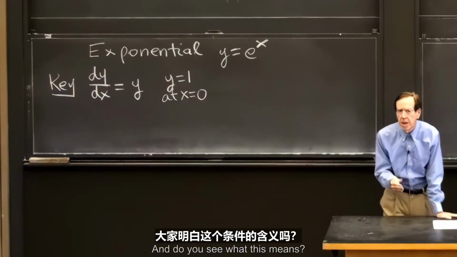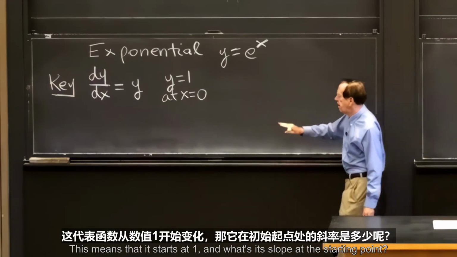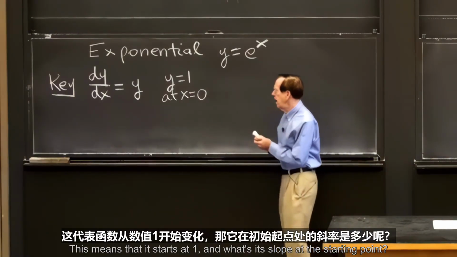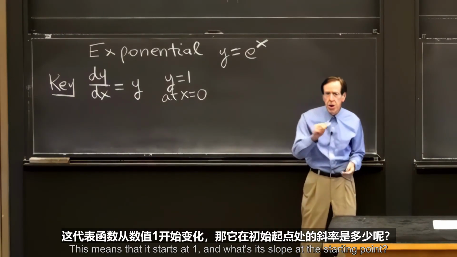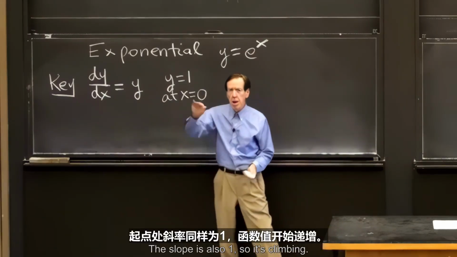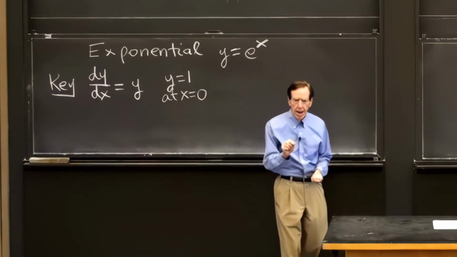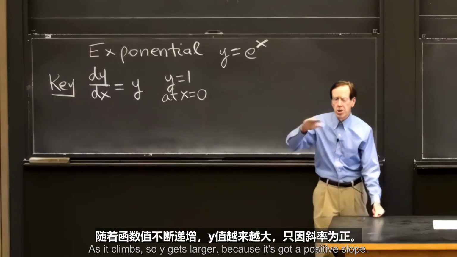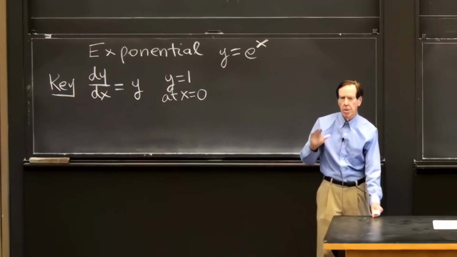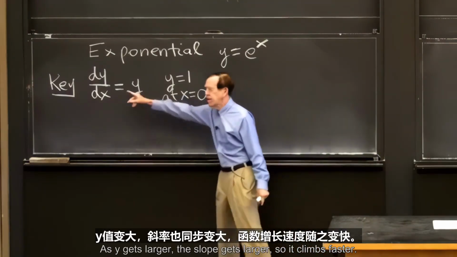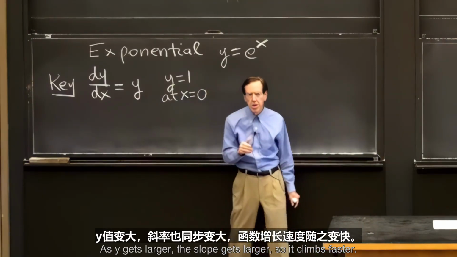And do you see what this means? This means that it starts at 1, and what's its slope at the starting point? The slope is also 1, so it's climbing. As it climbs, y gets larger because it's got a positive slope. As y gets larger, the slope gets larger, so it climbs faster.